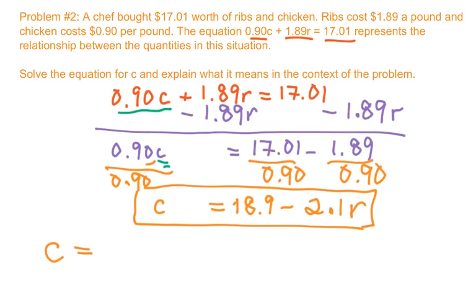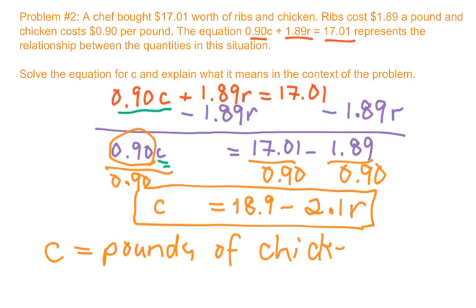So this 90 represents the cost, and the C represents the pounds of chicken. So if I was a chef and I wanted to know how much I spent total, if I know what the cost is of chicken per pound, I can figure out how many pounds of chicken I either bought or need to buy.